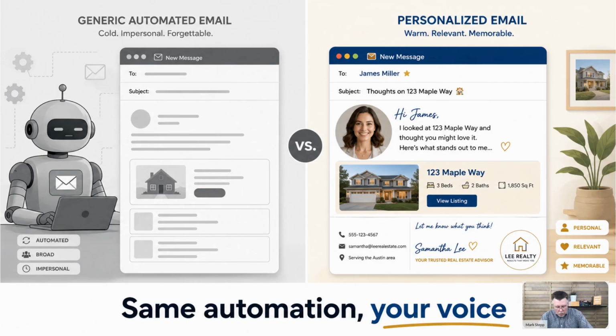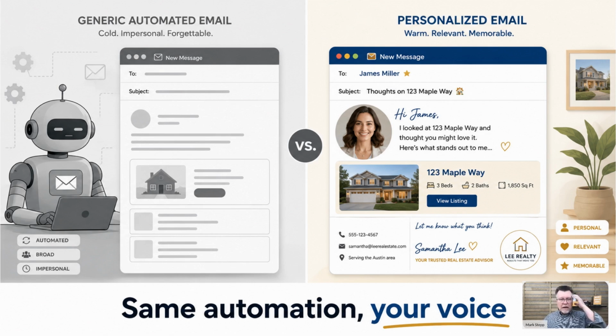So one of the things that is important inside of SAM, and we're going to really dive into this a lot in a lot of different ways, is making sure that you have the system set up so that instead of getting generic automated email type content, you can utilize the information that's inside of SAM to really personalize and make things look good and sound good in your voice.